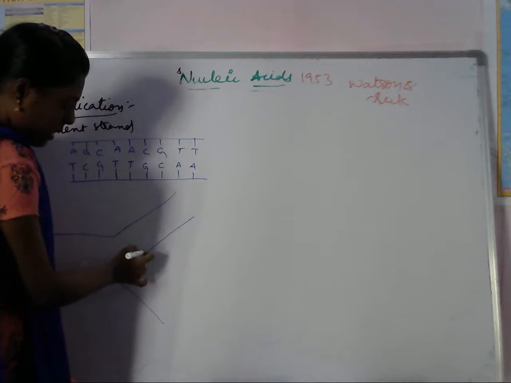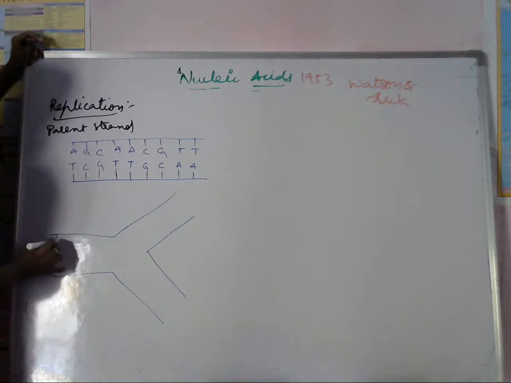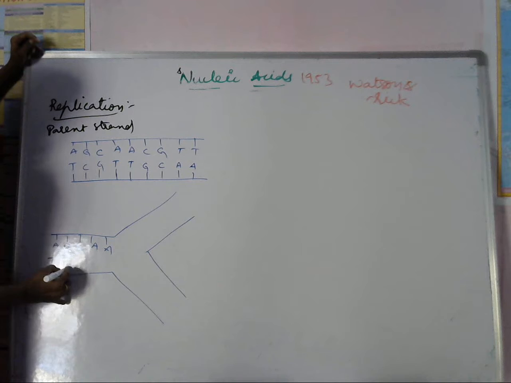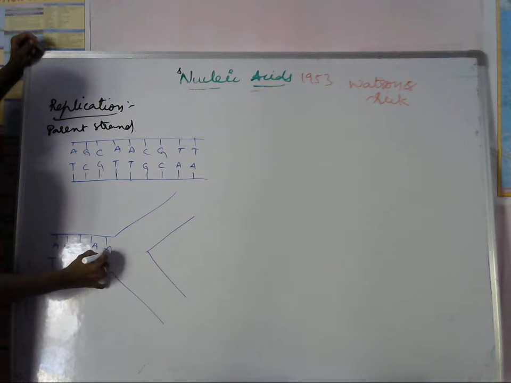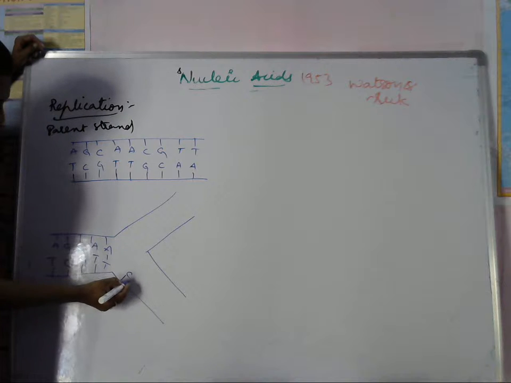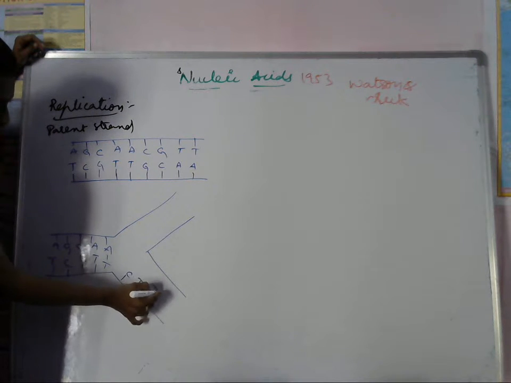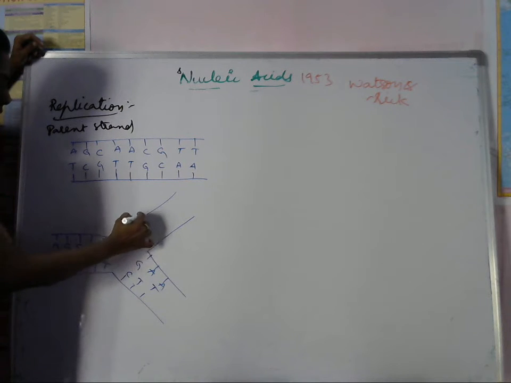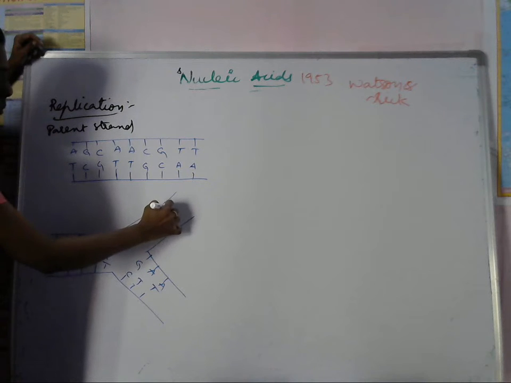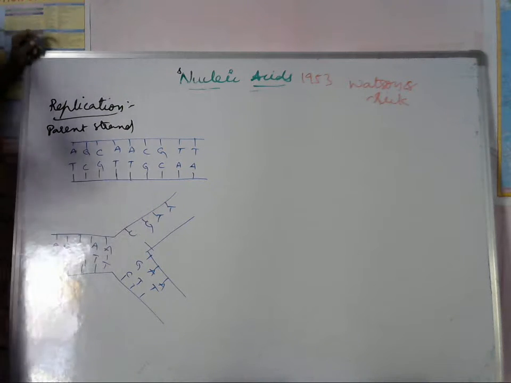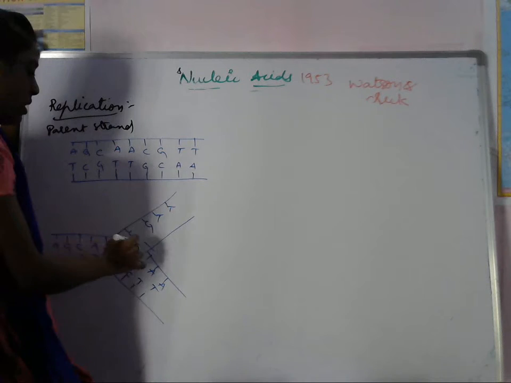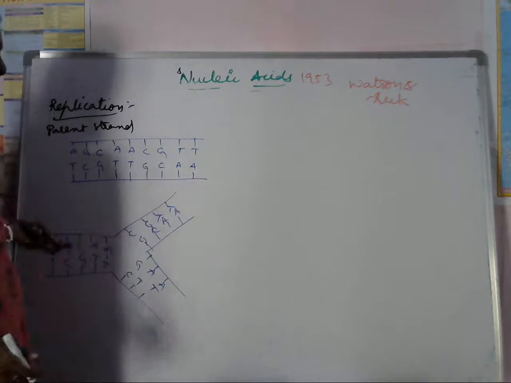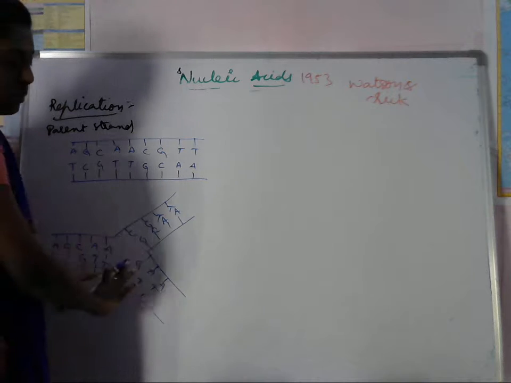Here A is there, G, C, A, here T, C, G, T, and T is there, C, T, T, we have G here, A, C, G, whatever, not exactly identical, so it will be like this. Okay, so here G, C, A, and A will be there. So one strand will give the two strands.